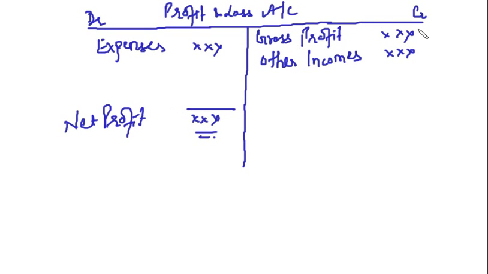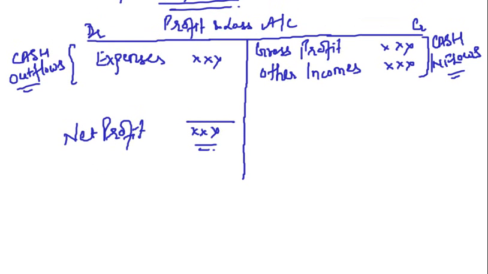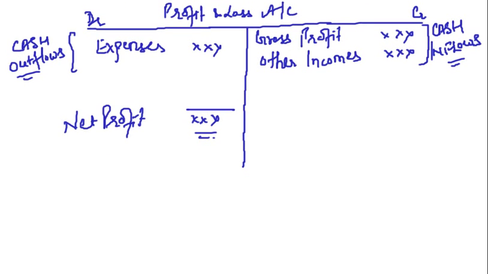Now if you see this gross profit and other incomes, what is this? I can say they are cash inflows. And what are the expenses? I can say they are cash outflows. What is the result? Net profit. Net profit shows the net of cash inflows and outflows.